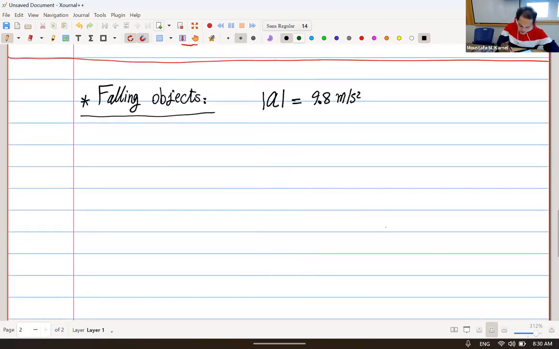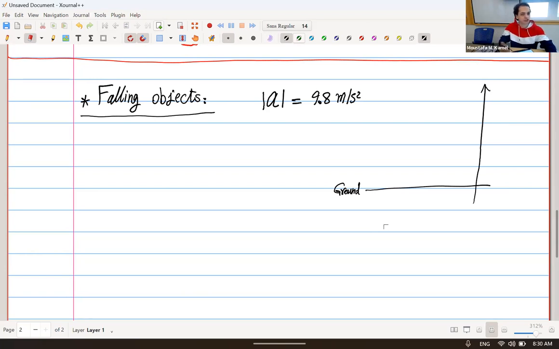This acceleration is always downwards because gravity acts downwards. So if I define my coordinate system like this, let's say this is the ground, and I define the ground to be 0 position. Actually, let's use y instead of x because it's a vertical distance, and this is pretty conventional. So at the ground, y equals 0, and as you go up, you get positive values for y.